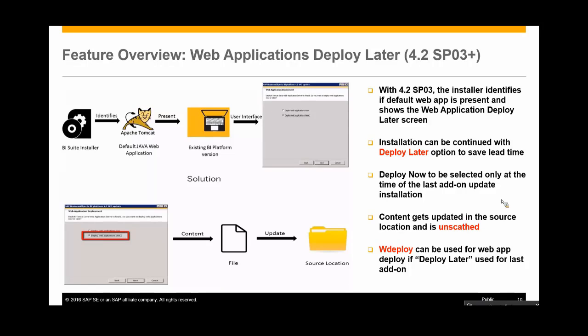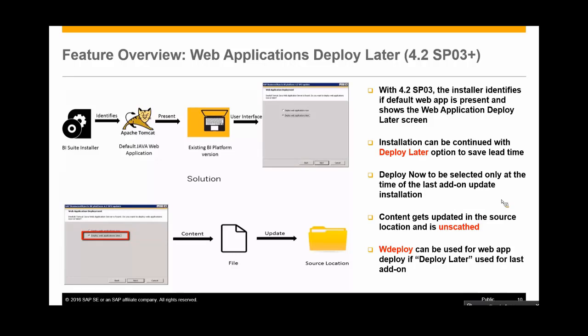In a typical scenario, let's say you have a BI platform and the Explorer add-on. When you're installing both of them in series, you first install the BI platform, for which you go through the setup.exe.